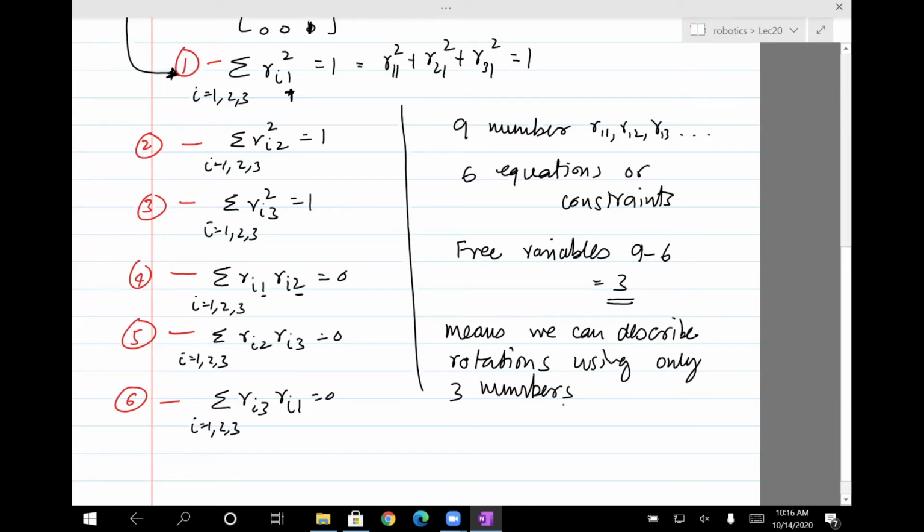Well, we'll actually use angles for those numbers. So we'll just use three angles to describe rotations. So instead of taking one rotation, we'll take rotations about specific axes and combine them to get rotation in three dimensions.